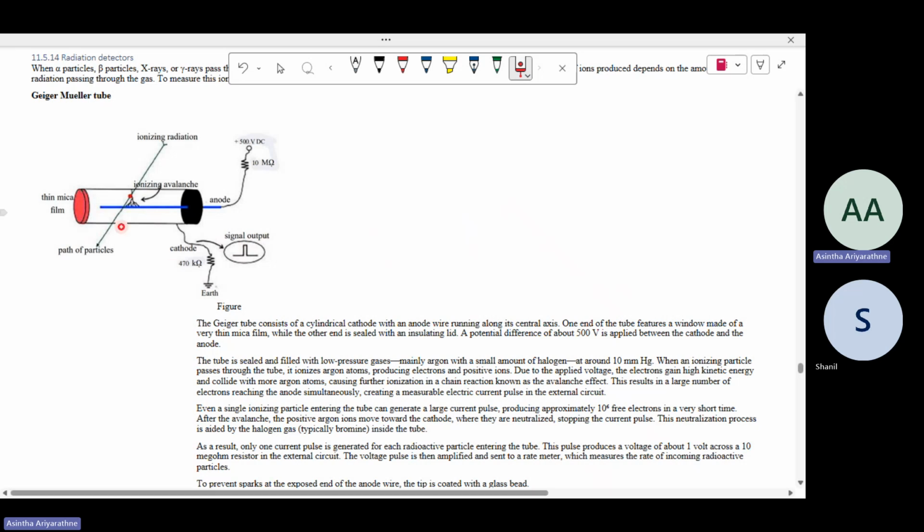But if there are a higher number of radioactive elements, there would be a higher number of spikes closer together, so we hear the beep sound very rapidly. So that's the method. This Geiger-Müller tube can be used to identify radioactive elements.